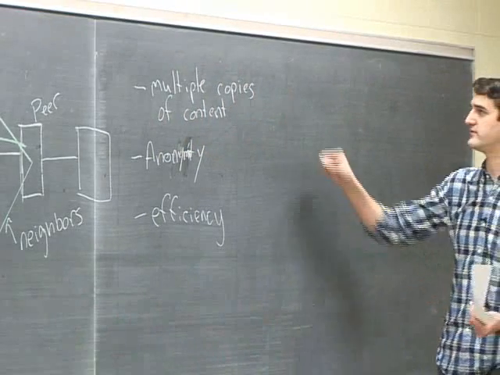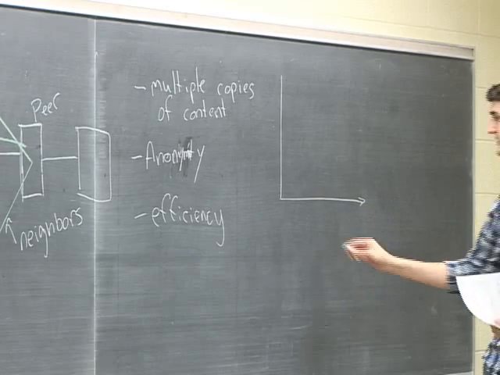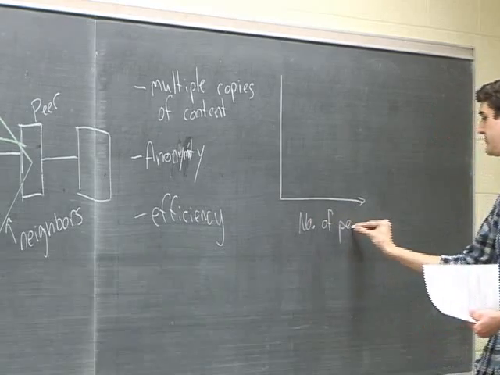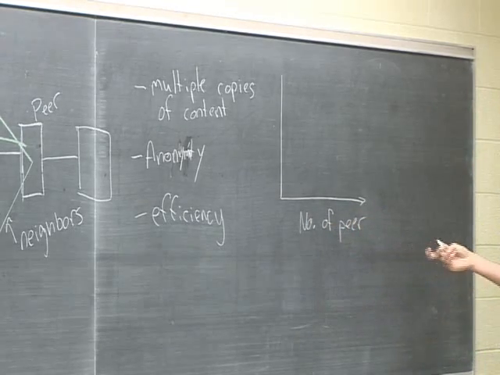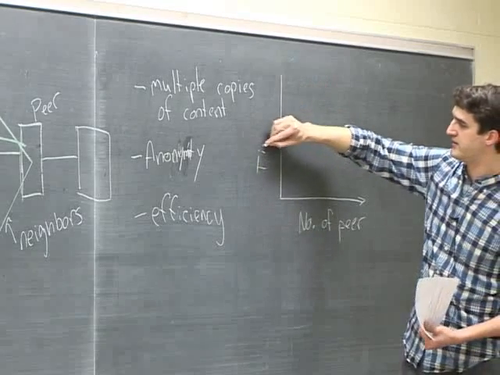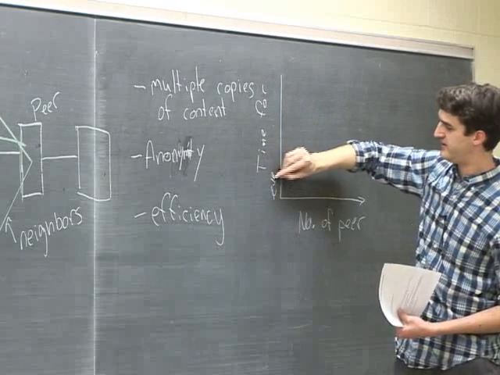Just to visualize the efficiency, let's show this chart. Here we have the number of peers, so these are the number of hosts trying to download a file, and then here we have the time for everyone to download the file.